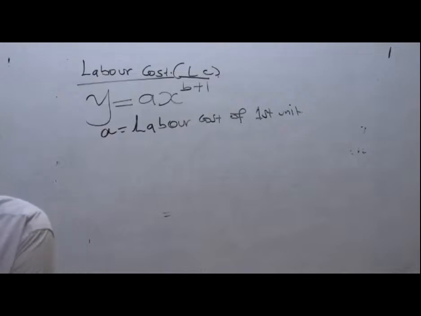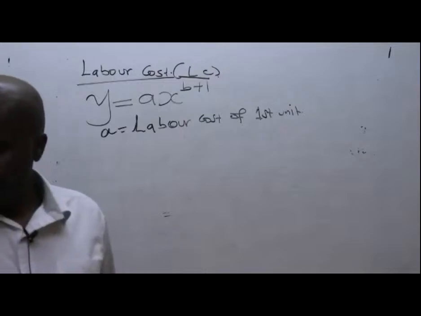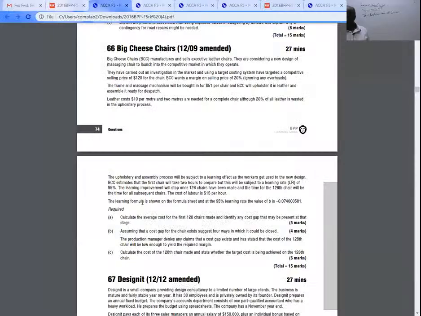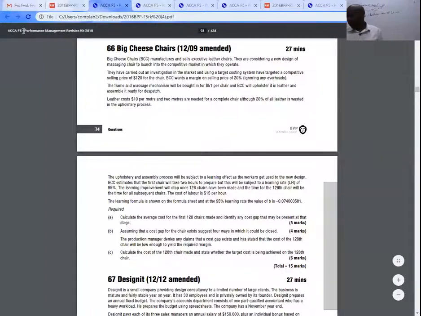What have they told us? They've told us here, for the first unit, BCC estimates that the first chair will take 2 hours to prepare. So labor hours, 2 hours.